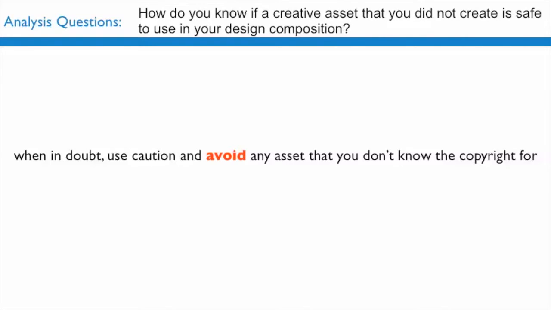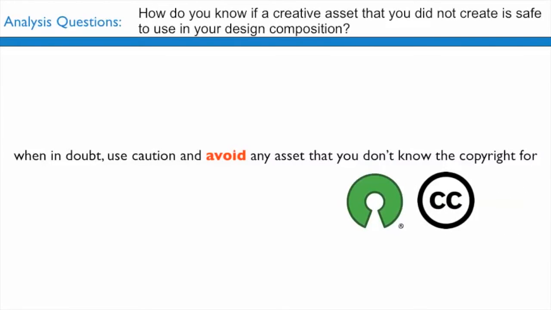One way to determine if something is open source or not is to look for the Open Source Initiative logo. If you see this image, this means that the work you are looking at is free to download, use, and manipulate. There may be some conditions, so be sure to read the fine print. Another way to look for work or assets that are open source is to look for the Creative Commons logo.